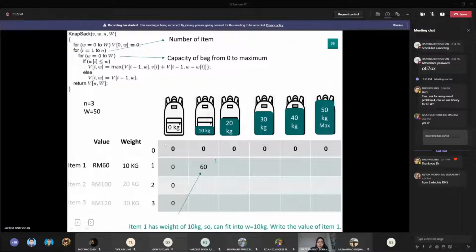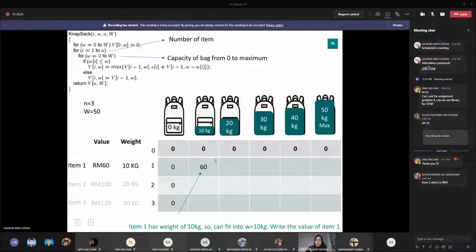So what you do is you build a table like this. The rows are the items, and the columns are the weight. For this weight, you can imagine that the thief puts things in the bag bit by bit. At first the bag is empty, and then what happens when he puts in 10 kg of weight, and then 20, 30, 40, and lastly the knapsack is full.